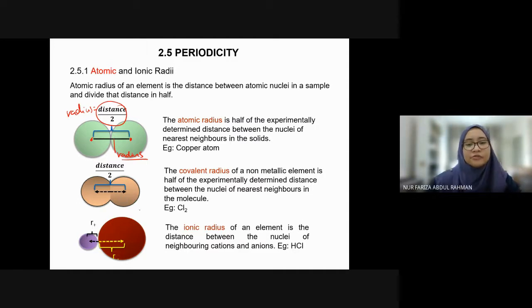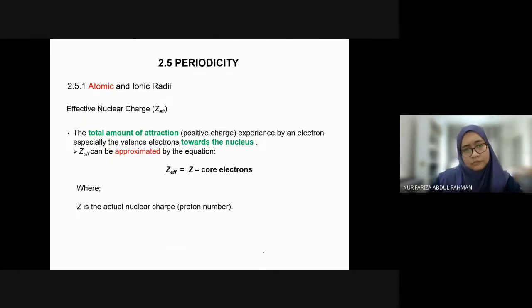The same goes for covalent radius, which is determined between the nuclei of nearest neighbors in the molecule. The ionic radius is the distance between the nuclei of neighboring cations and anions, for example sodium chloride, calcium chloride, and whatnot. So that is the definition of atomic radius.